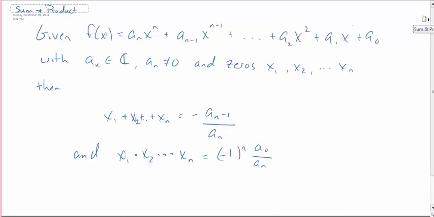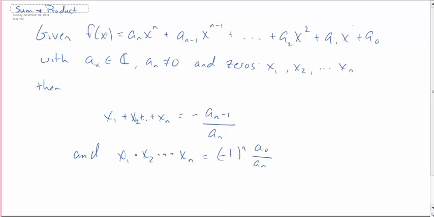Now, in the quadratics section, we saw and derived the product and sum of roots. There was another way to calculate the roots from the polynomial. And we can extend this idea to any polynomial where we have a sub n times x to the n plus blah, blah, blah, plus a1x plus a0, where the coefficients, the ak's, can be real or any complex number with the leading coefficient not equal to 0.